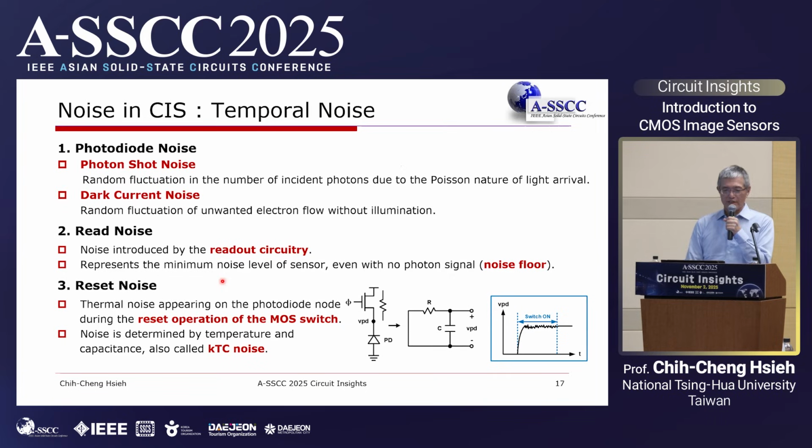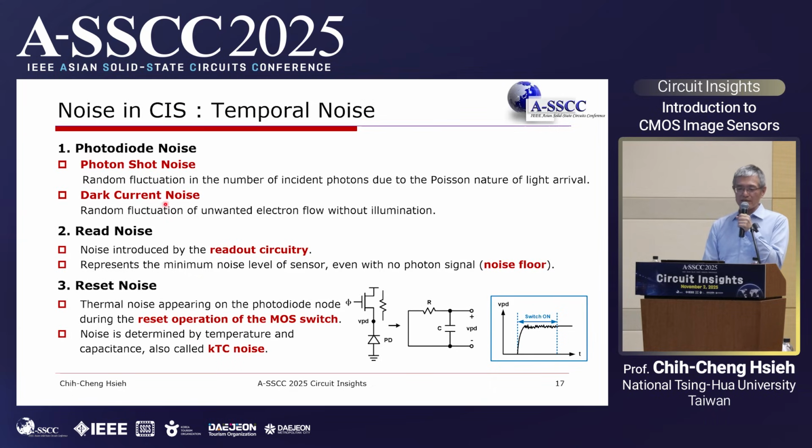Okay, let's check the noise in a CMOS image sensor. We separate the noise into the temporal domain and the spatial domain. This is the fun part of the image sensor, because we need to keep in mind that it's an array, and we need to take care of the uniformity of this array. Okay, so for temporal noise, as mentioned, there will be photodiode-generated noise, which is shot noise under illumination.